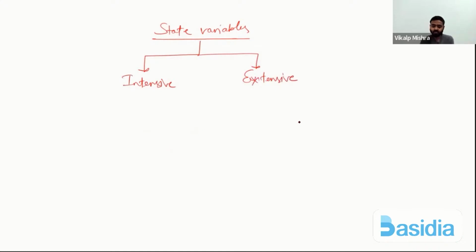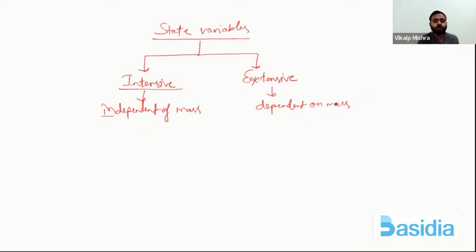Intensive state variables are those state variables which are independent of mass, and extensive are dependent on mass. ठीक है? So ये हमको कैसे याद रखना है? Intensive independent of mass, extensive dependent on mass.